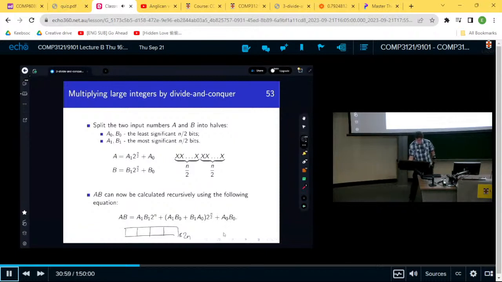So actually, these things will overlap. But okay, so a0 times b0 is somewhere in here. The most significant digits are on the very left. So a1 times b1 will be over here. And then a1 times b0 plus b1 times a0 will somehow contribute to the middle.